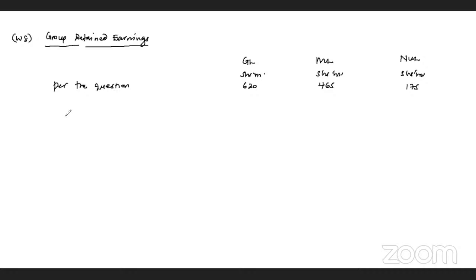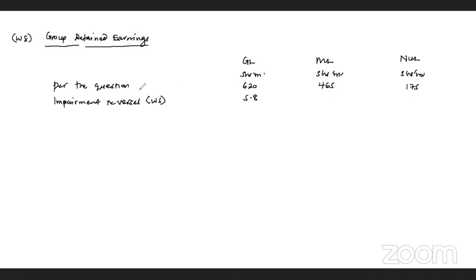Don't forget the impairment reversal. I think this was from working 5. And your impairment reversal was 5.8.